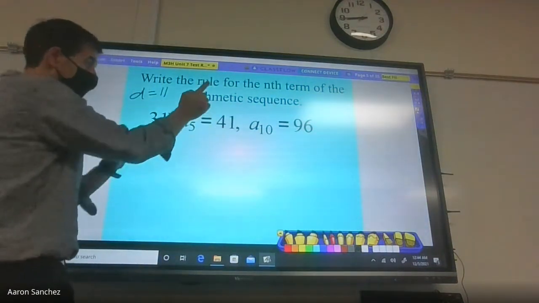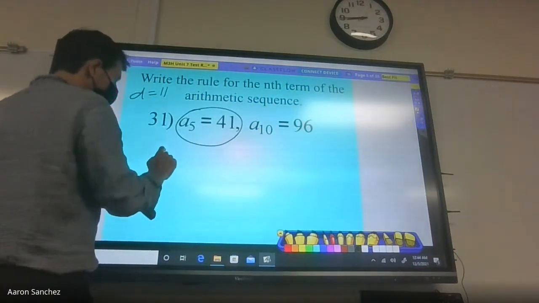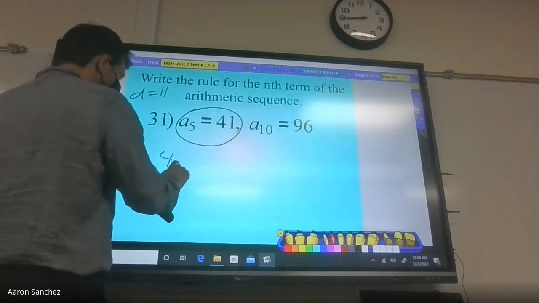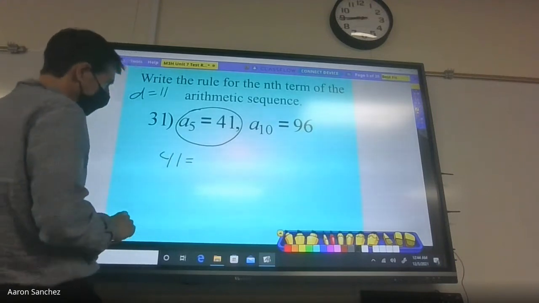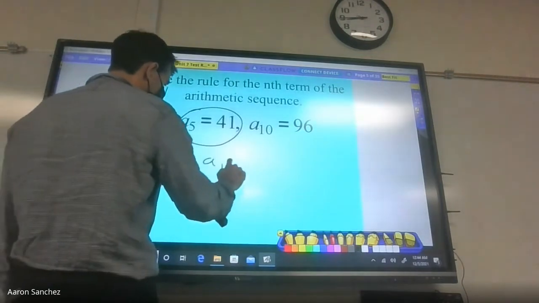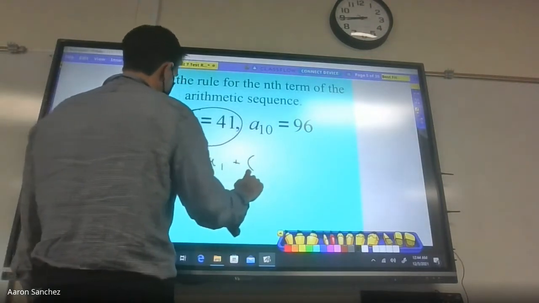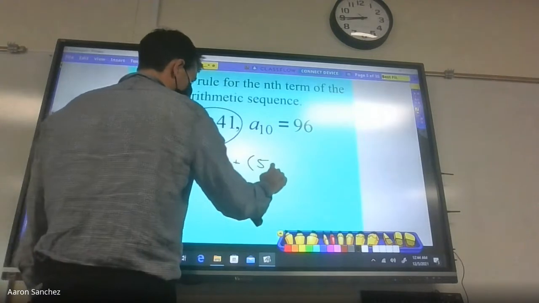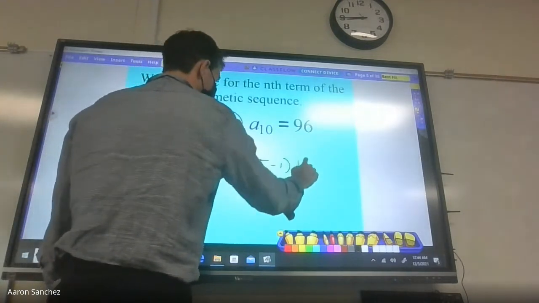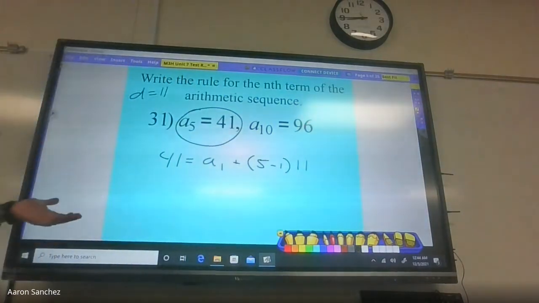Which one you guys want? The first one. You guys like the smaller points. So we'll say 41 equals a sub 1 plus n minus 1 times d, right? And then we solve for a sub 1, right?